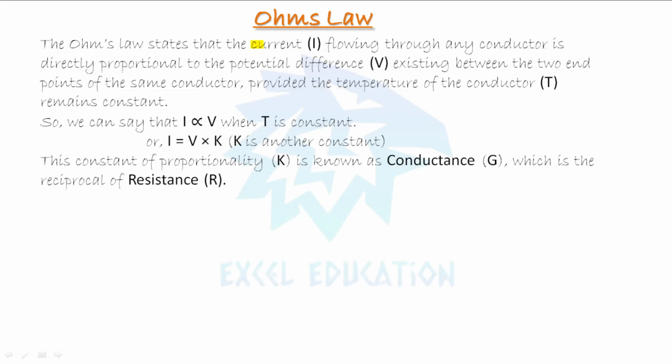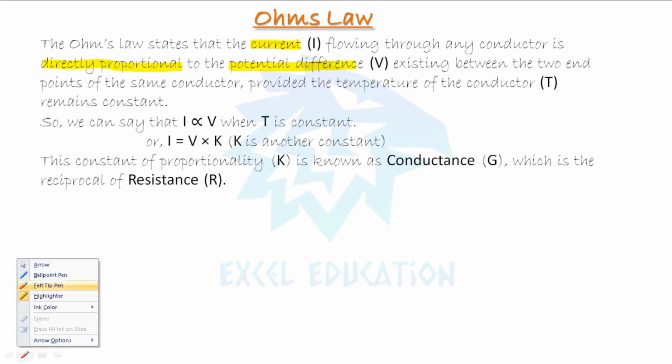So by the definition that the current I and the potential difference V are directly proportional to each other, we can get the three basic forms of Ohm's law.